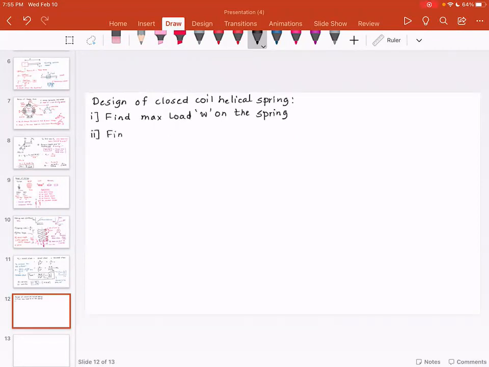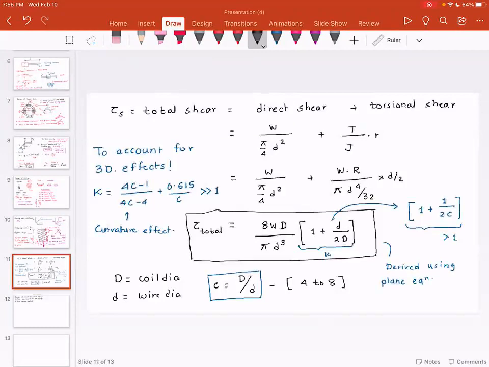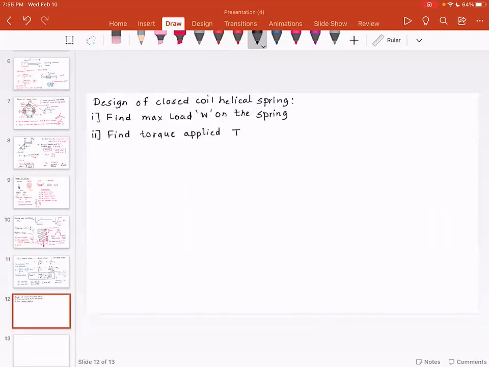Find torque applied, which is simple, the equation is W times D by 2. Please note the ratio C, which is capital D by small d, will be given. If it is not given, we have to look at the design data book and find it out.